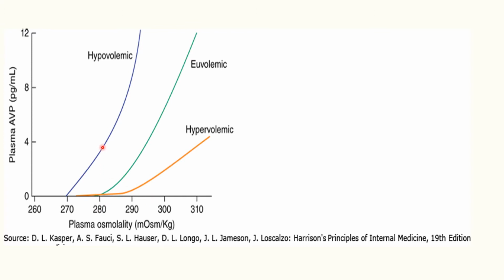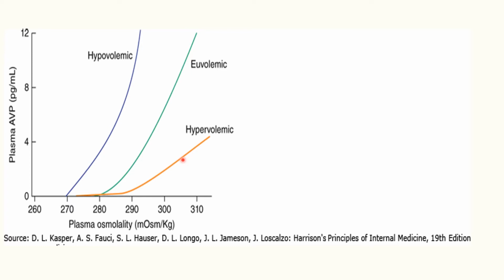So if it is hypovolemic, then despite your osmolarity being low, if the osmolarity is low, then ADH should be lesser in amount. But the body is designed to maintain the effective circulating volume, and it overrides the hypoosmolar signals, right? Similarly, in hypervolemia, despite an increased osmolarity, it actually works the other way around.